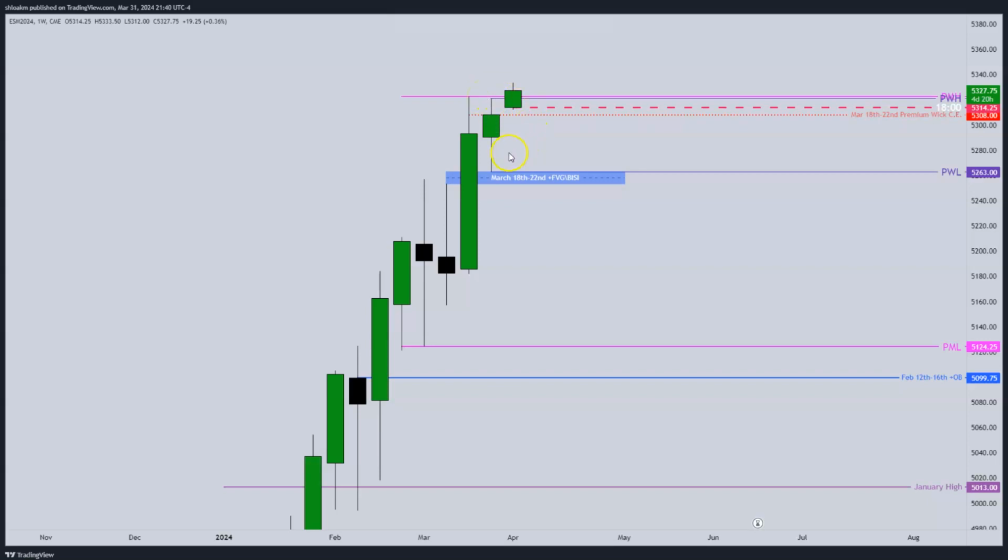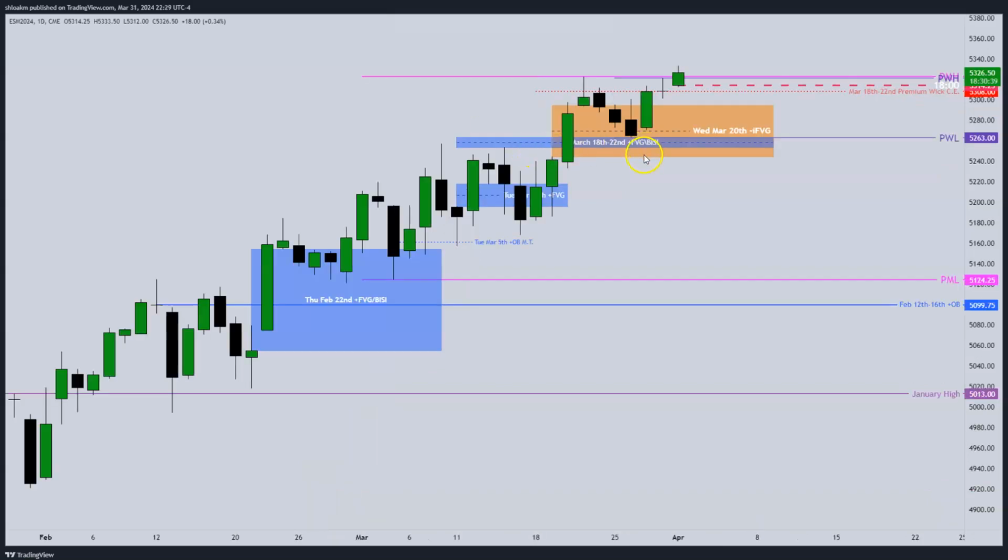And below we have the March 18th to 22nd fair value gap BISI, so buy side imbalance, sell side inefficiency. So I actually do like this imbalance as an objective, the high specifically, which is also with the previous week low. So basically 52.63 flat. I like that. That is my weekly draw that I am going to be observing and watching and measuring.